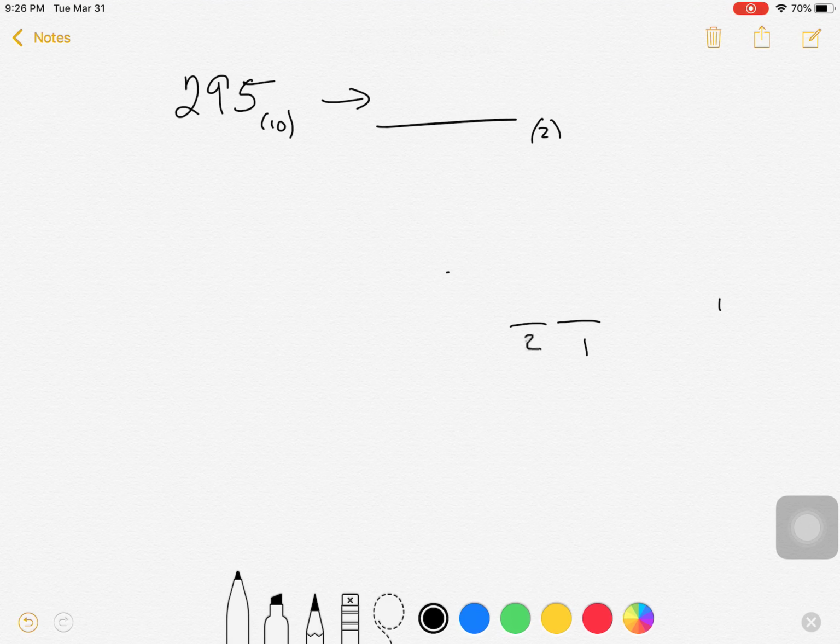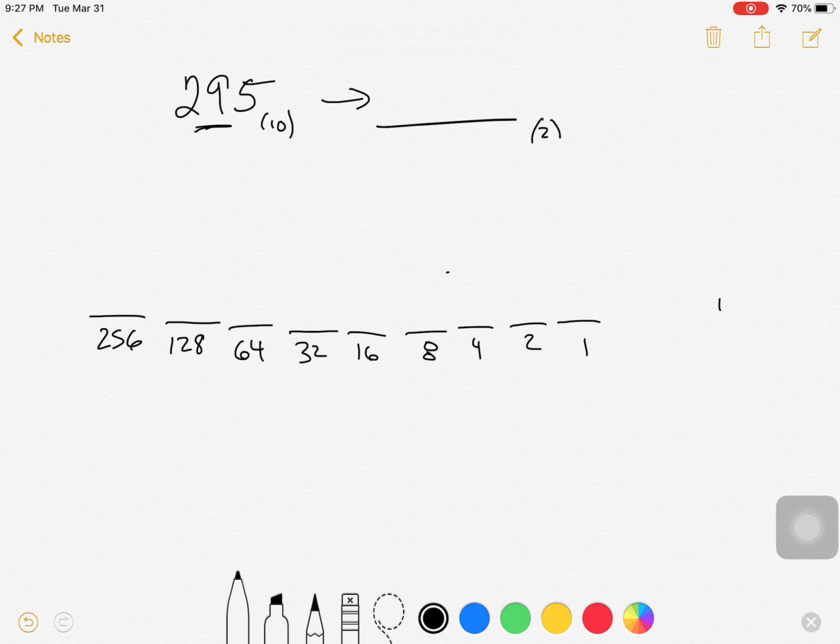There's my 1s, 2s, 4s, 8s, 16s, 32s, 64s, and this is still significantly bigger, so I'm going to keep going. 128s, 256s, and if I add another one, it'd be 512, and this is definitely bigger than my 295, so I know I don't need the 512s.